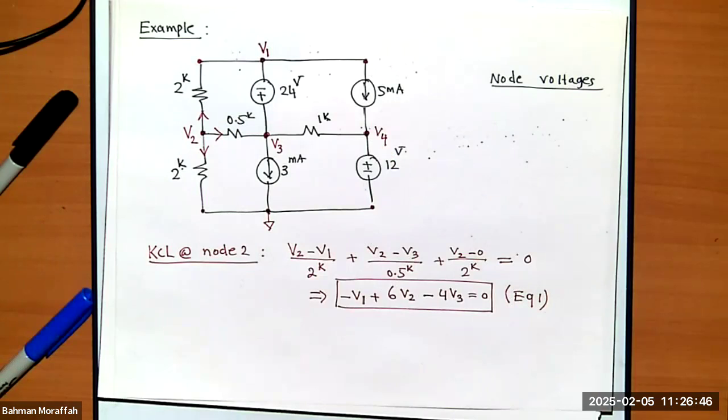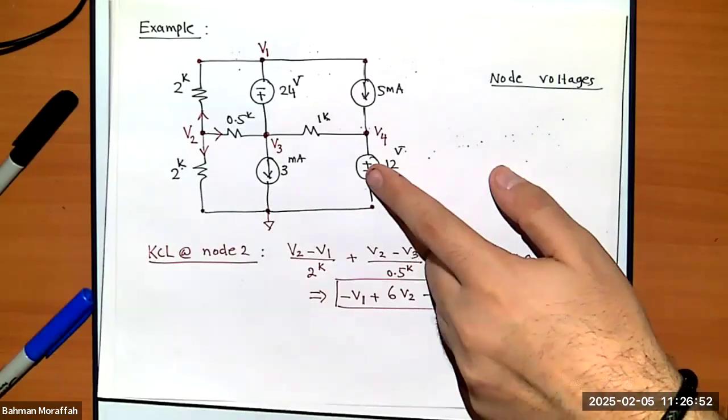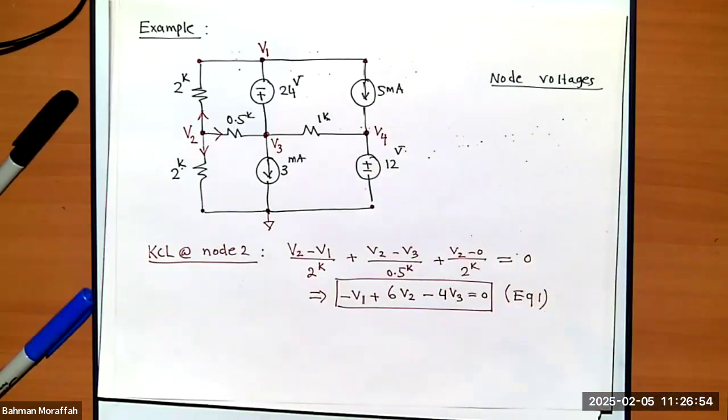So when I'm doing node analysis, voltage sources are either super easy, like this one, where I know exactly what the node voltage is, or they're problematic, just like here. When are they easy? They're easy when they're located between one node and the reference. They're problematic when they're located between two nodes that are not reference. So let's just make that remark, just make sure that we know exactly what's happening.